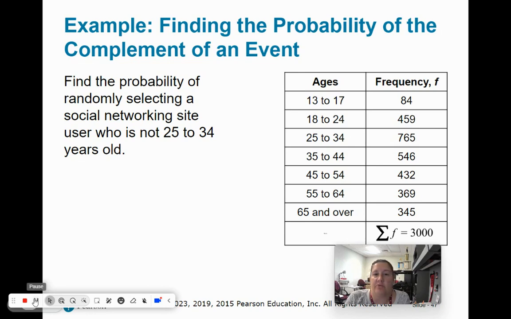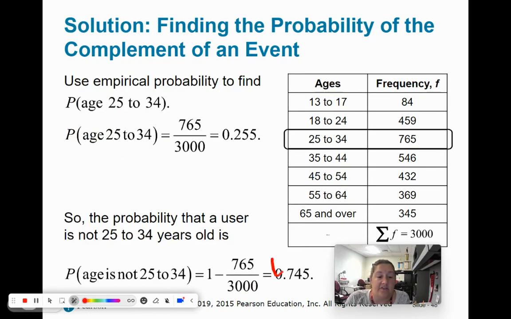So we already know previously that we got 765 out of 3,000 for being 25 to 34. So we could take 1 minus 765 over 3,000. Getting us this probability. So you can take 1 minus the probability of that event happening to get the end result.